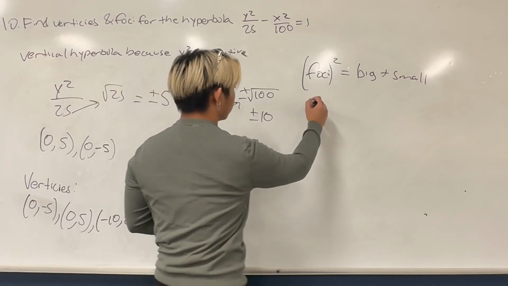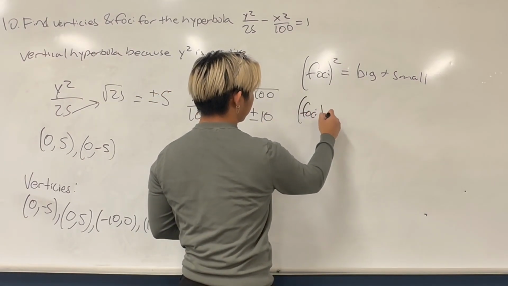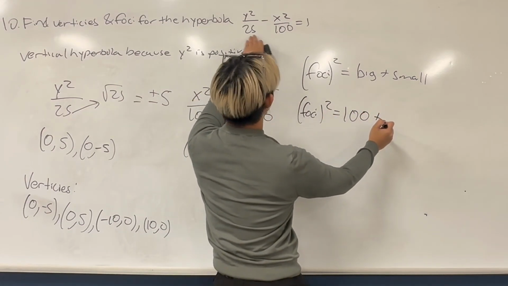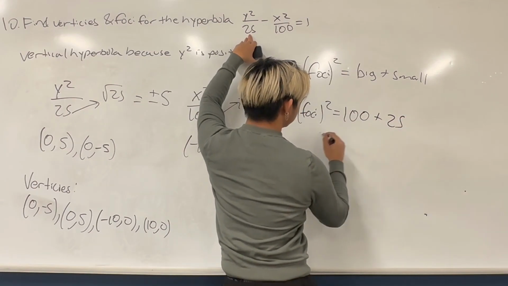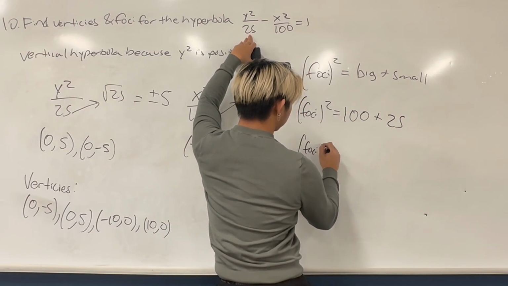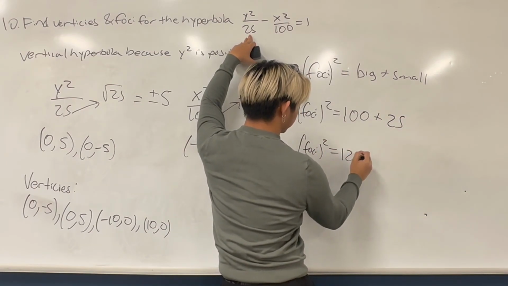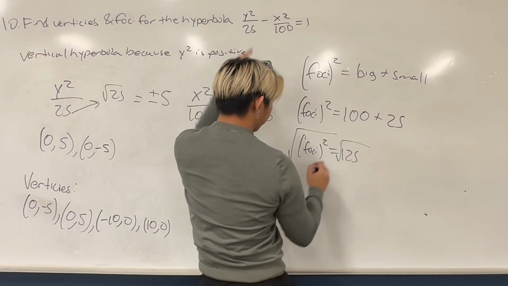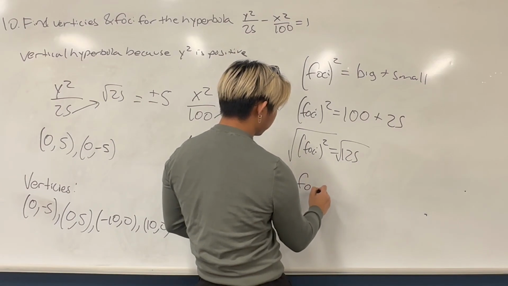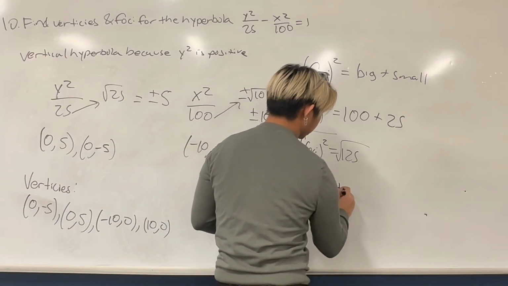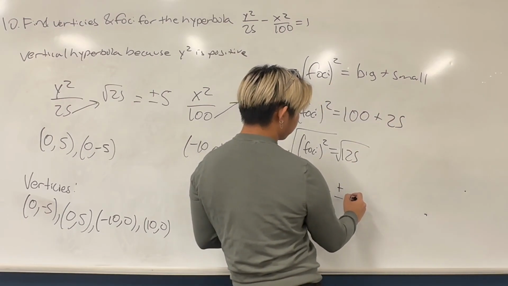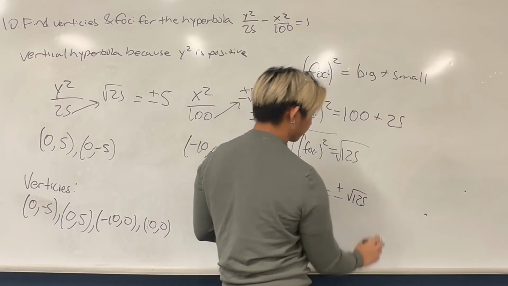Foci squared is equal to big, 100, plus small, 25. So that's equal to 125, and then we take the square root of both sides. This leaves us with plus or minus the square root of 125. Remember, when we take square roots, it's always plus or minus.